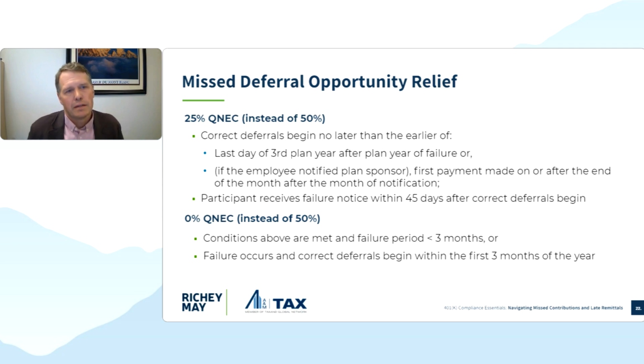The 50% is the standard approach, but in certain cases where you're able to correct sooner, you can limit that to either 25% or 0% on the employee side. Match is always still going to have to go in. These can be extremely valuable if the issue isn't a one-off and it's a systemic failure, and tens or hundreds of employees are impacted. These reduced corrections can be extremely valuable, still getting the plan qualified and the employee in a better position.